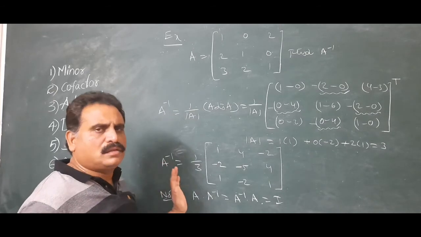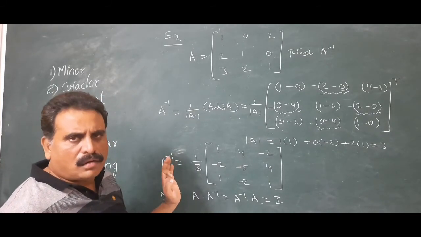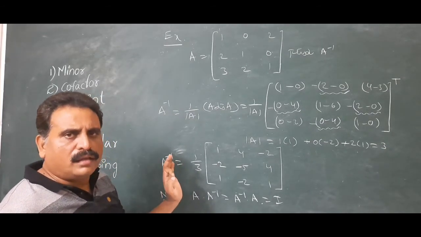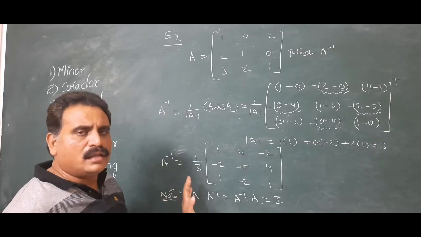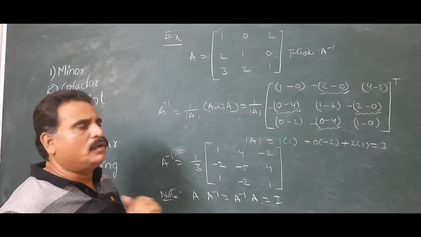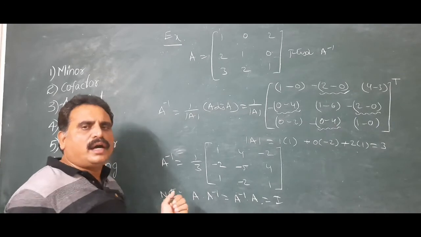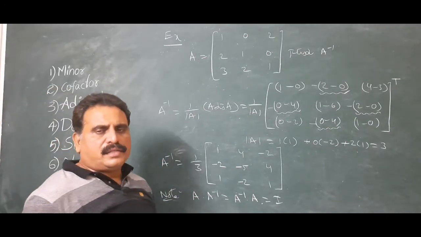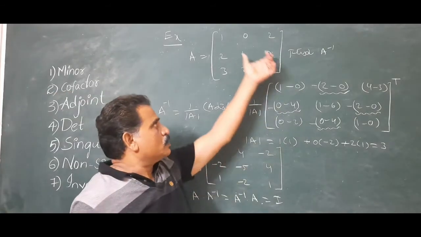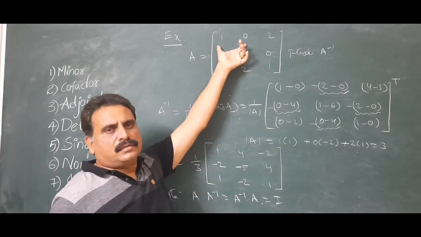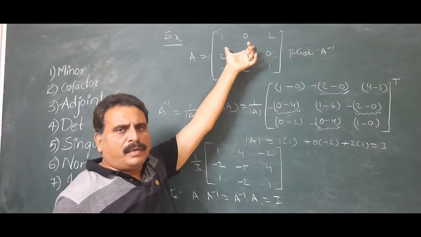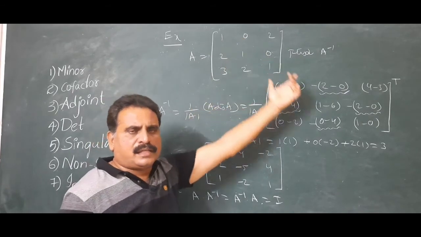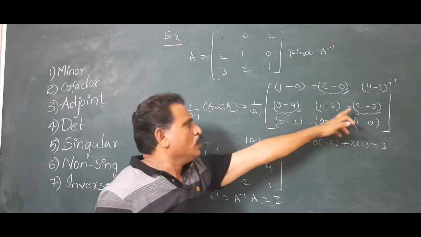Definitely we get it. For any non-singular square matrix, A inverse definitely exists, and A into A inverse equals A inverse into A equals I. So we can easily find the inverse of the matrix. Please remember that. First you find the minors, each and every element replaced by its minor. After that, convert to cofactors.